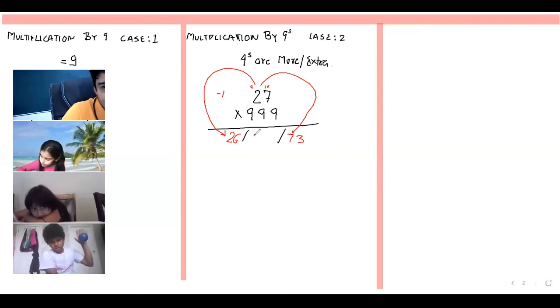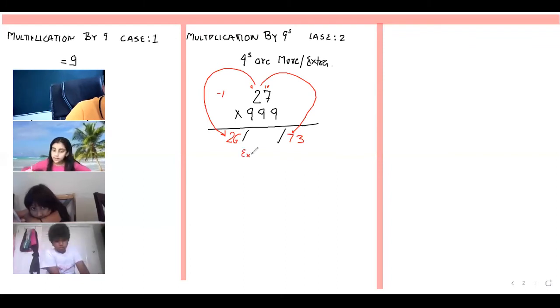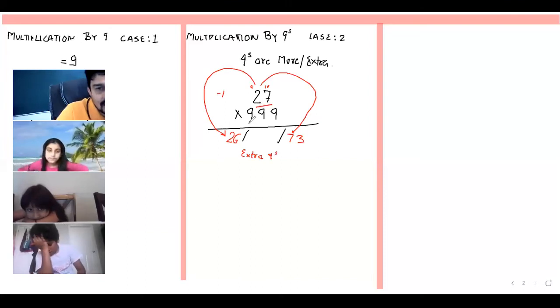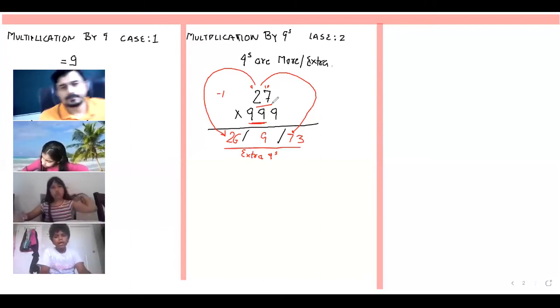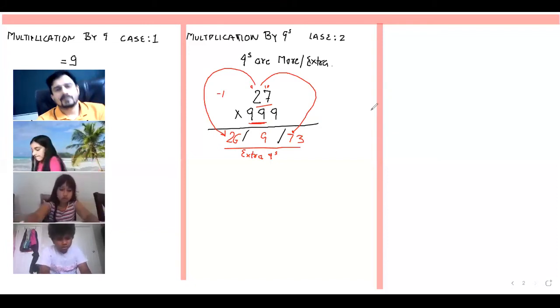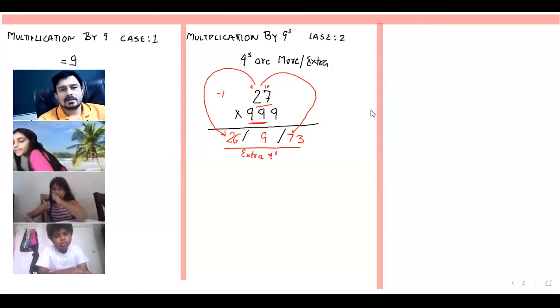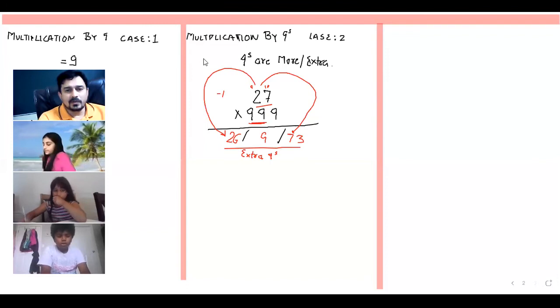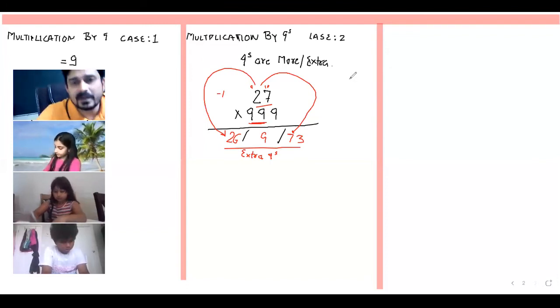And in this step, we are going to write the extra nines. We have two digits, so two nines. The third 9 is considered as extra 9, so I will write just one 9 over here. Got it. Very nice. So let's move to the third case.